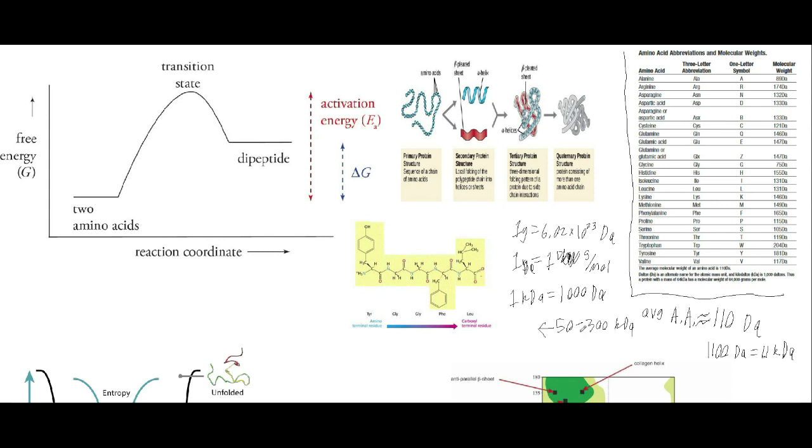For instance, large protein structures that contain multiple proteins can get up into the megadalton range. A protein that I worked on in my graduate work was in the megadalton range because it was several dozen proteins bound into a large complex.